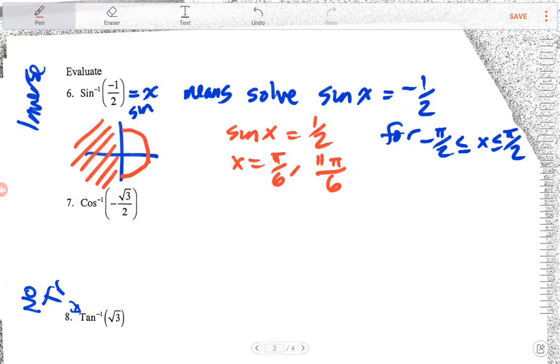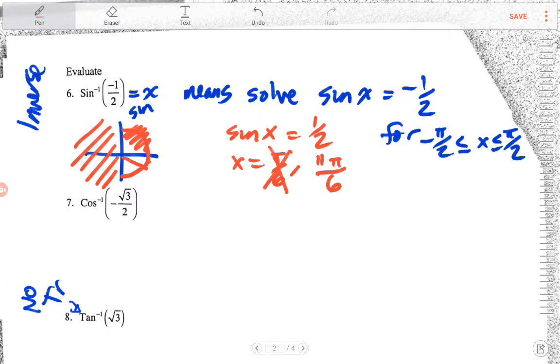However, because we're in this area here, notice how sine has to be negative. That must mean that we can't be in this area either, which means our only option is an answer in quadrant 4.